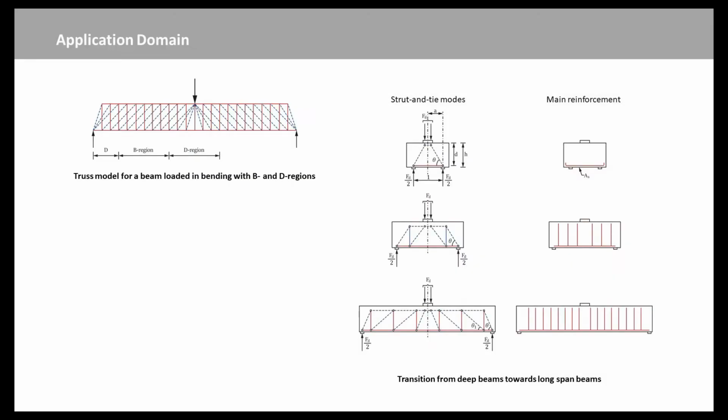Designing members by means of the strut and tie method belongs to the domain of the application of the plastic design philosophy, and more in particular to the domain of lower bound methods. Indeed, the design is based on a truss model in which acceptable stresses are not exceeded in the members of the truss, and is thus based on a statically acceptable system, which may transfer the loads with sufficient safety.